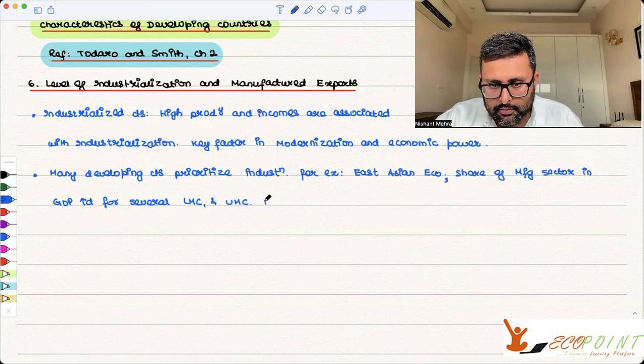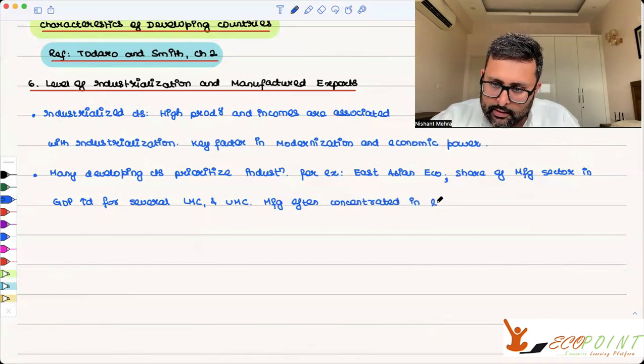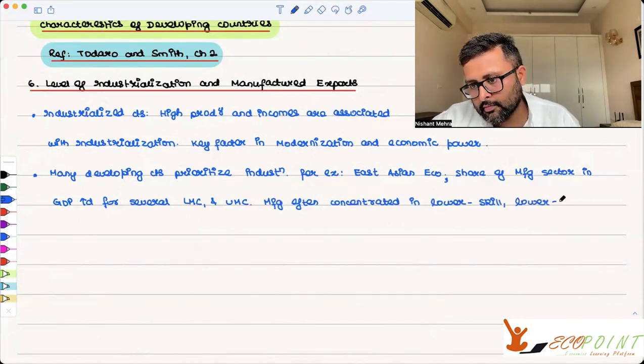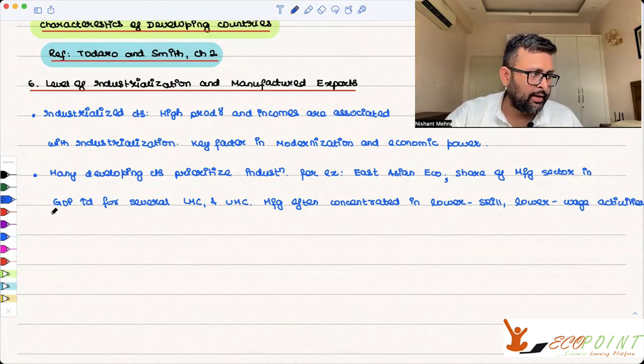So manufacturing is often concentrated in lower skill and lower wage activities.